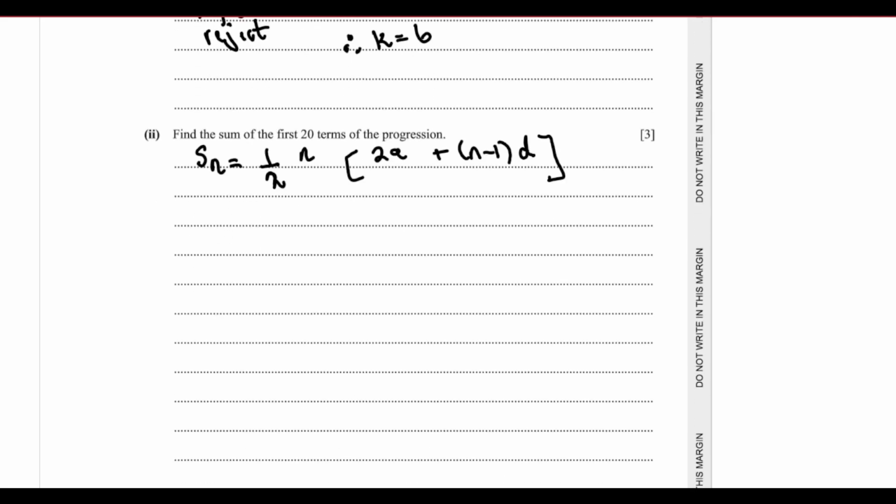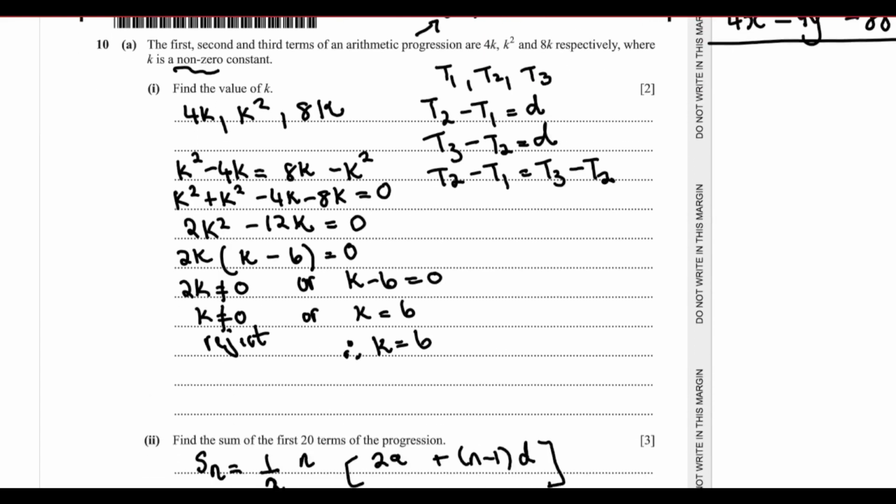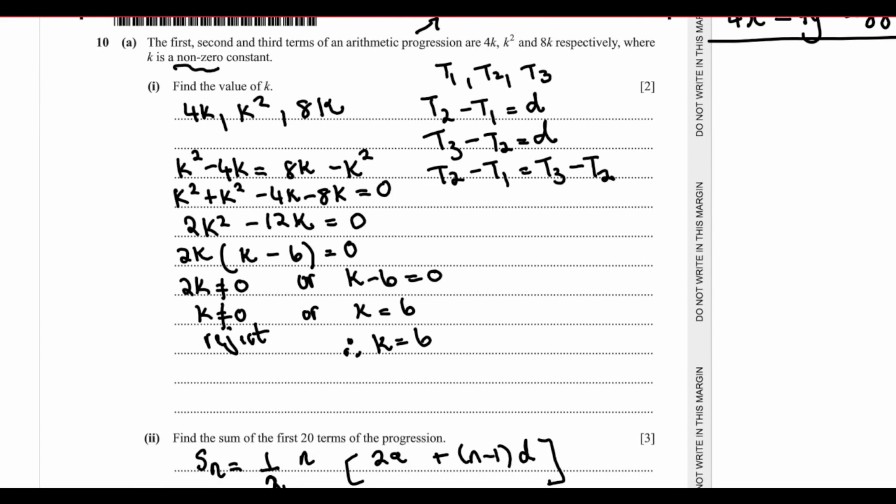Okay, what is our n? We're going to sum until 20. Do we have a? No, we need to find that. And do we have d? Not technically, but we know d is term 2 minus term 1 or term 3 minus term 2, which is either k squared minus 4k or 8k minus k squared.